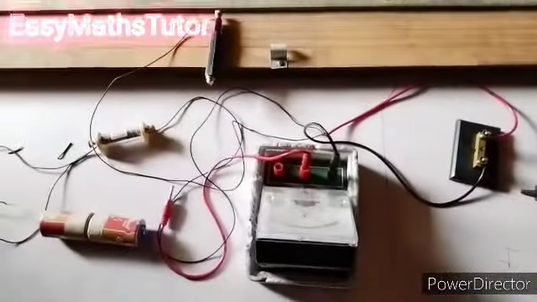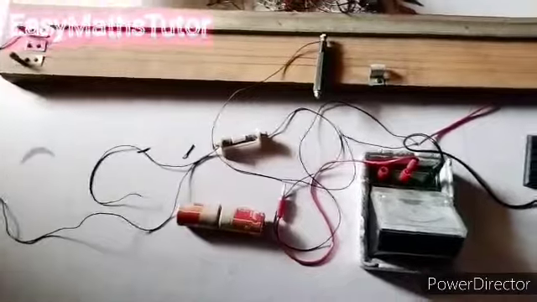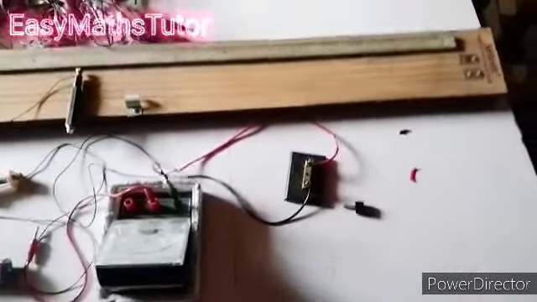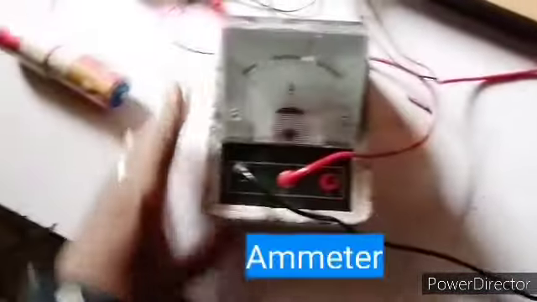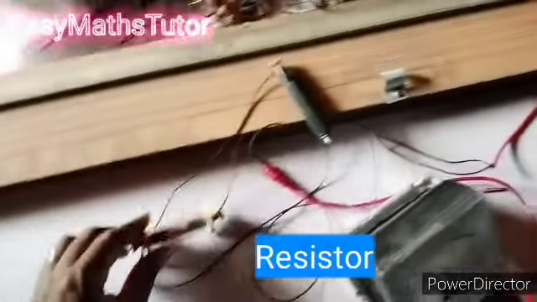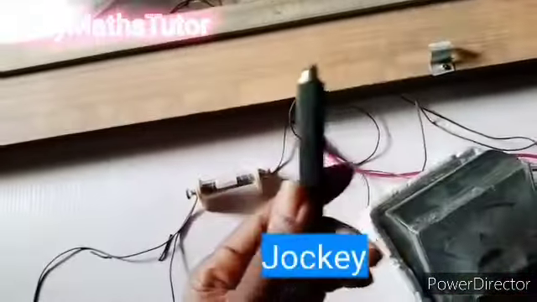Okay, so this is our setup for our electricity experiment. So this is the ammeter. These are the cells. These are the connecting wires. This is a 1 ohm resistor. This is a jockey.